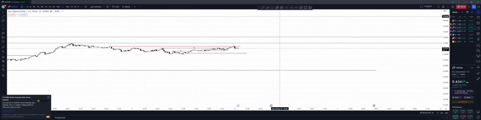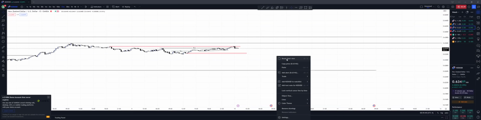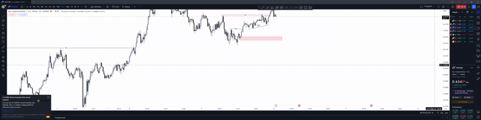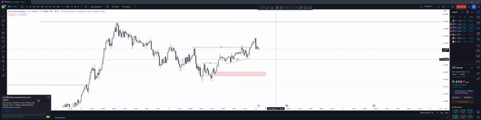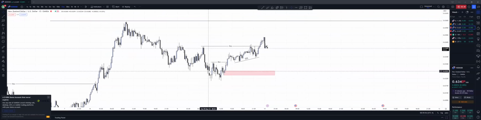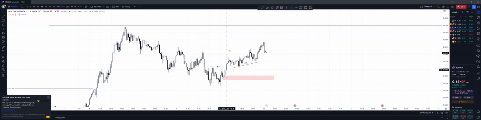So I will be going down to 15 minutes. And for price at 15 minutes, the way it's moving is, price initially gave me a break of structure, an internal break of structure, sorry.